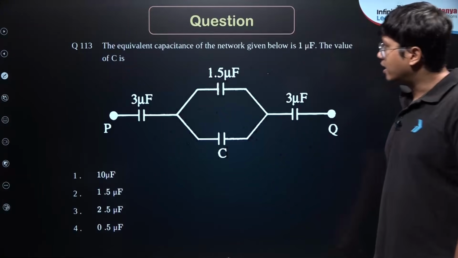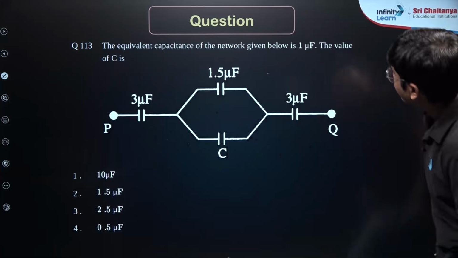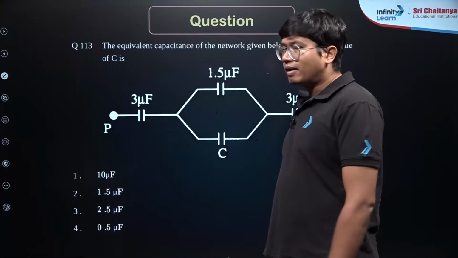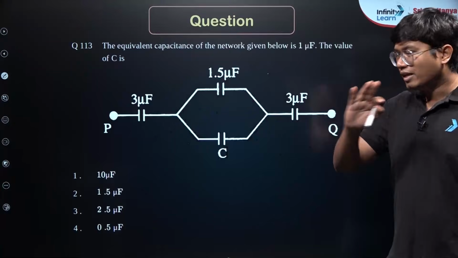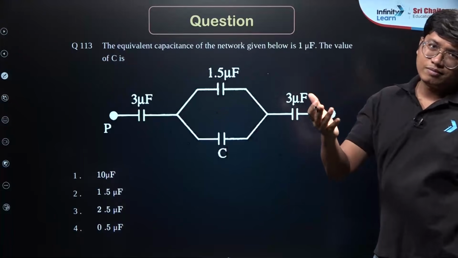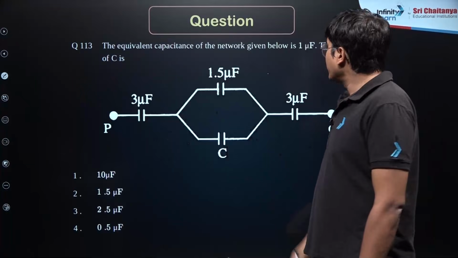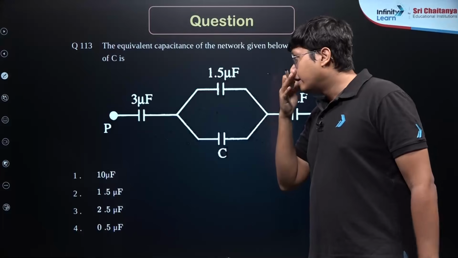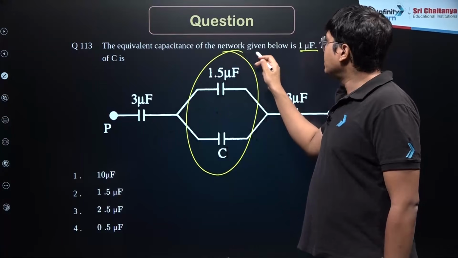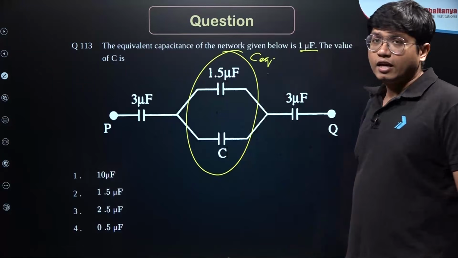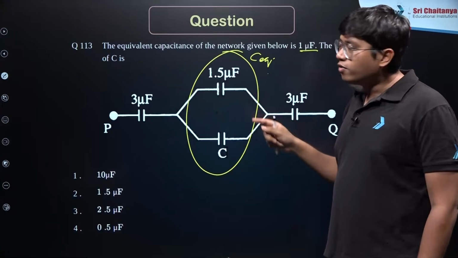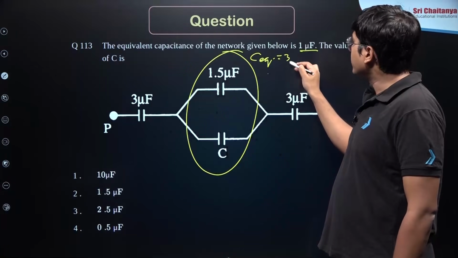Next one, we have this equivalent capacitance of the network given is 1 microfarad. One method you can do, obviously assume it is C, equivalent is 1.5 plus C, so on and so forth. And then the parallel, that's comparatively a more difficult one. Look at the values provided to you. You have 1 microfarad. Assume this has some equivalent, C equivalent. You will get 1 microfarad if 3 capacitors, all of them have exactly 3 microfarad.